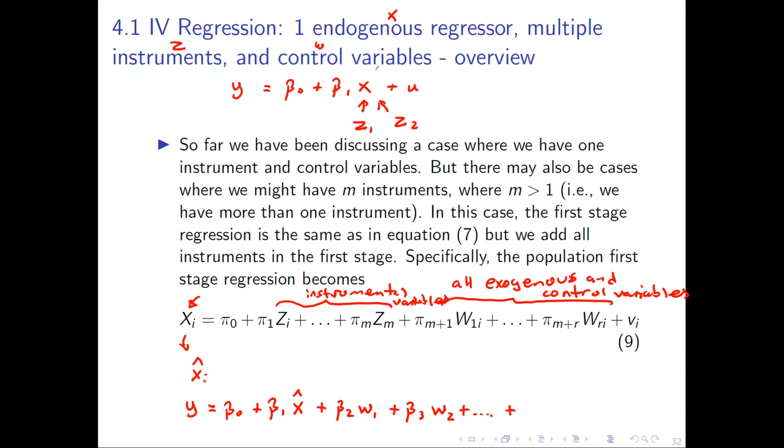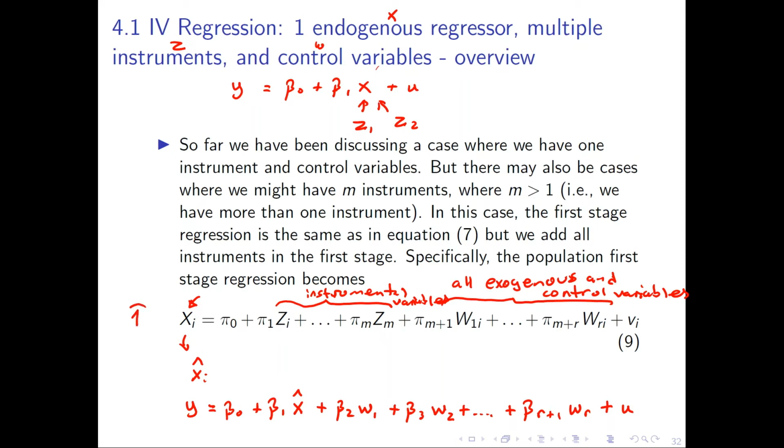Okay, so here in this second equation you have r exogenous, or let's say plus 1 exogenous variables, and this is u.